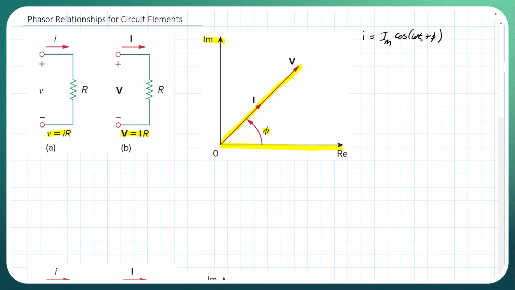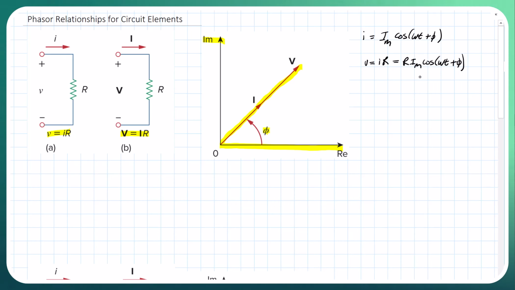We can take Ohm's law, so we know V equals IR, which is going to give us R Im cosine omega t plus phi. So this is going to be our V in time domain.